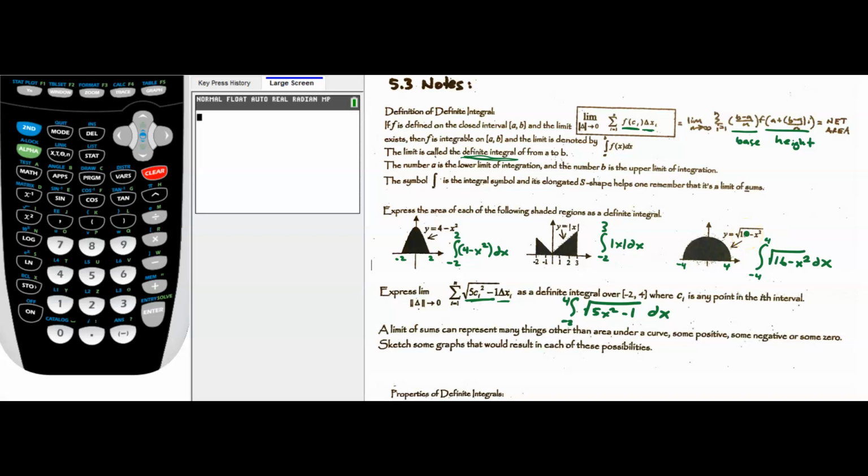Now, like I was saying a little bit earlier, a limit of sums can represent many things other than area under a curve, some positive, some negative, or some 0. Sketch some graphs that would result in each of these possibilities. So you could feasibly come up with a graph where, maybe this was the net area that we were trying to capture.